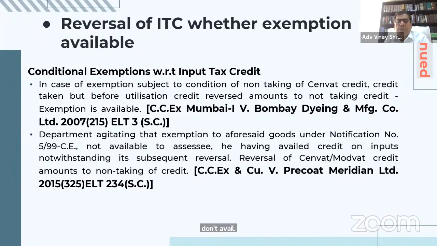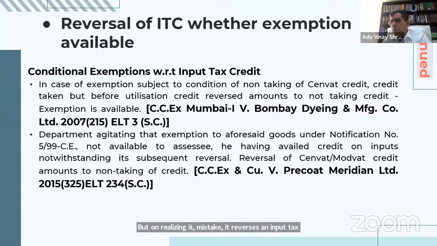Now, what happens if somebody inadvertently takes the benefit of the input tax credit, but on realizing the mistake, reverses the input tax credit? Or suppose there can be other conditions also, where somebody fails to comply with it, but is in a position to reverse the benefit which has arisen because of the violation of such condition.